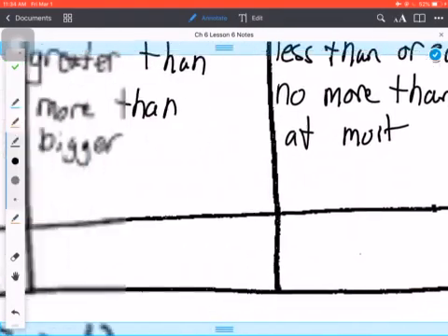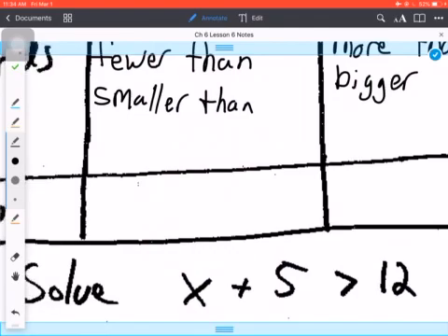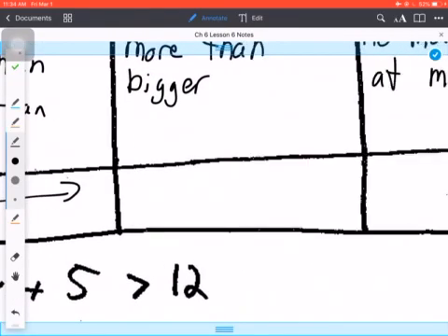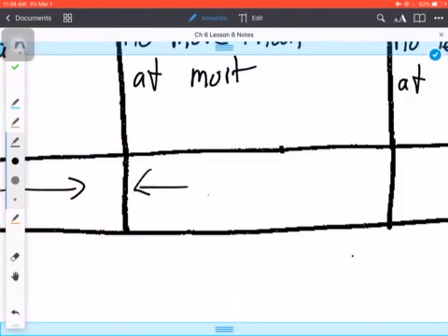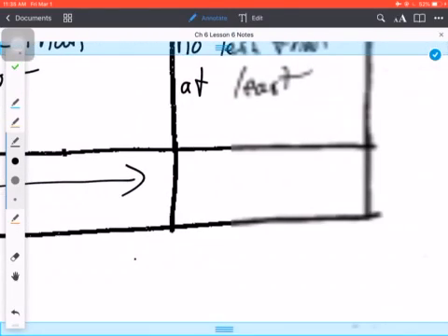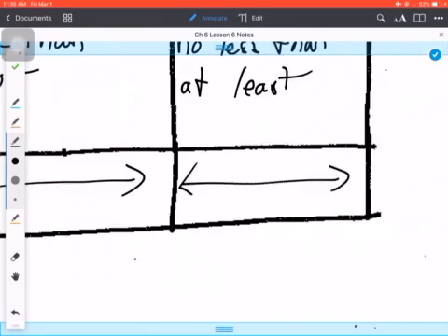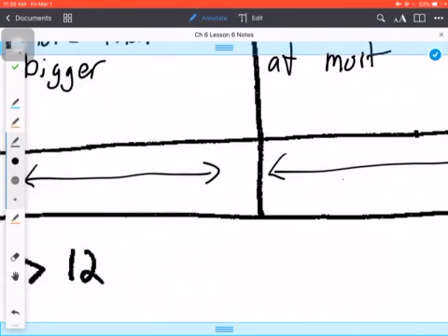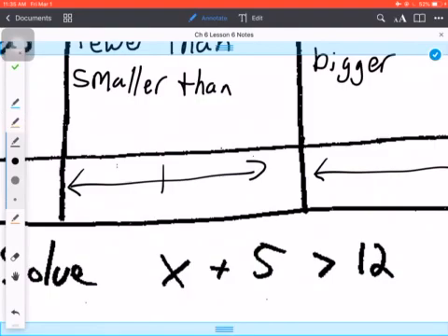All right, now when we're graphing these, they're always going to be on a number line. And it's going to be kind of similar to when we did this with solving equations. Each one of these is going to be at a starting point.